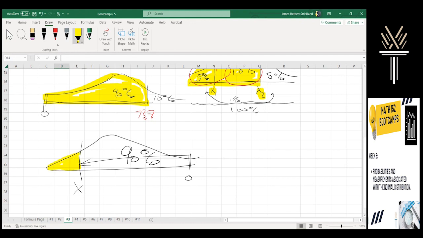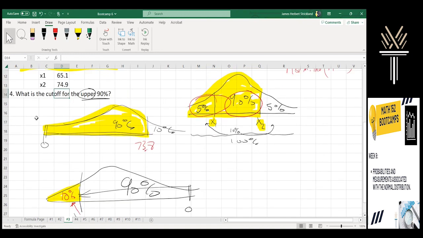So if that side's 90%, I hope we all agree that this side has to be 10%. So that is what I'm going to be using to find my calculation. I need it on the left for Excel to work. So norm.inverse 10%, given 70, given 3, close it out, and there's that cutoff on the left side.